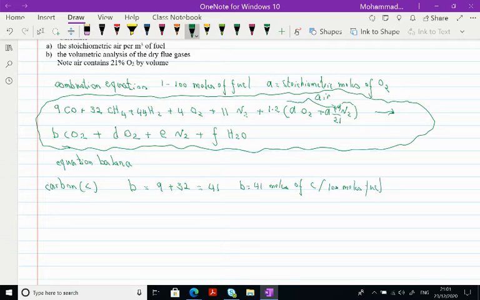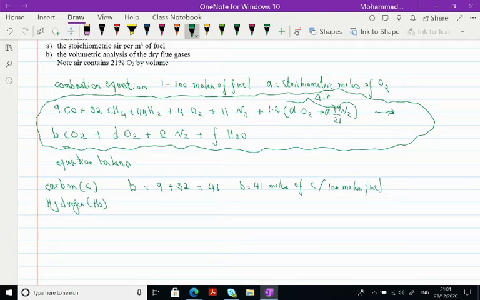So next one, we consider the hydrogen, H2.